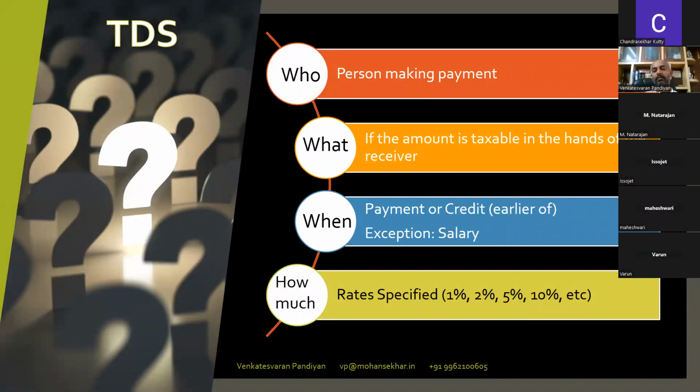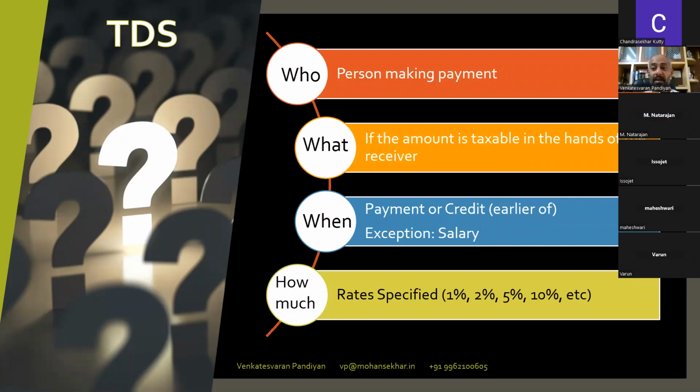What is credit then? There is always a possibility that I get an invoice from a consultant, or an invoice for some services, and I recognize that in the books of accounts. People who follow the mercantile or accrual basis of accounting recognize that in the books. What does it mean? I recognize the expense, I debit my expenses, and I credit the party as it's an amount payable to that party or the recipient.